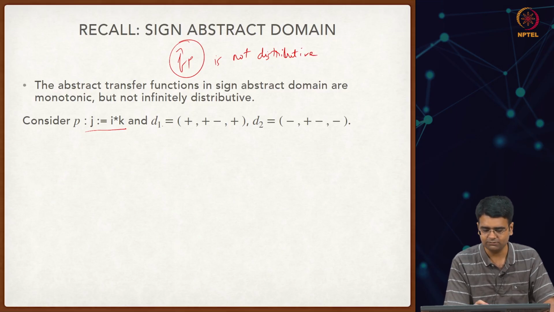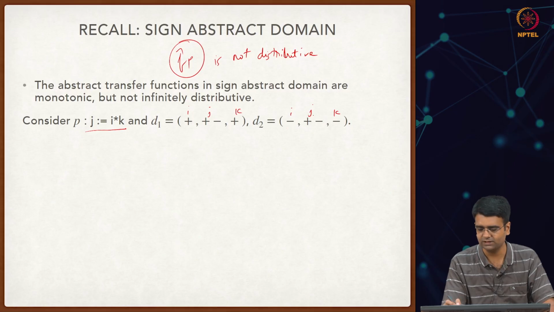And the way we will show it is through a counter example. So let's consider these two abstract values d1 and d2. So this d1 and d2 are two abstract values in the sign abstract domain. Remember, there are three variables i, j and k. So these are the signs of the three variables. So this is the sign of i, this is the sign of j, and this is the sign of k. Okay. So let's take d1 to be plus, plus, minus and plus, and d2 to be minus, plus, minus and minus.